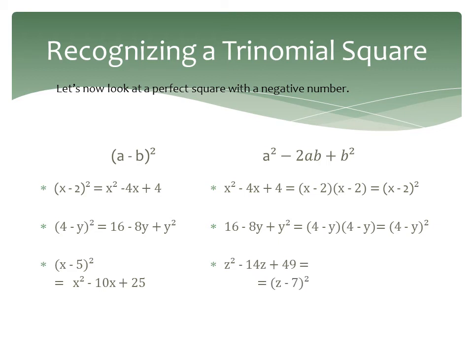Okay, the answer you should have gotten is the difference of z minus 7 squared. Don't worry if you don't get that, because right now we're going to go on and we're going to look at the steps.